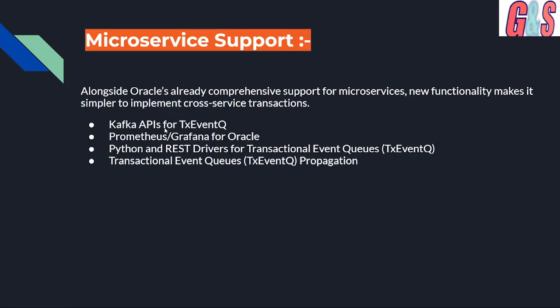So we understood about Kafka APIs for TxEventQ. Now we move on to Prometheus Grafana for Oracle. Prometheus Grafana for Oracle will provide database metrics for developers running in Kubernetes, Docker, K8s environments.